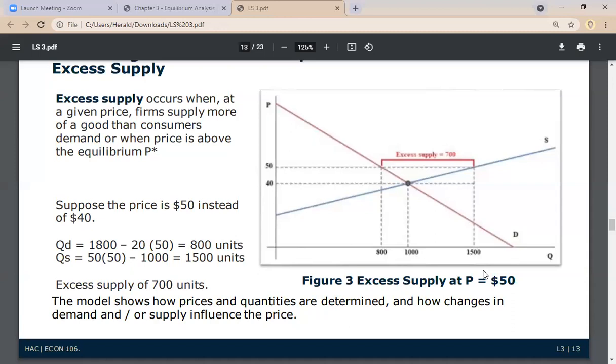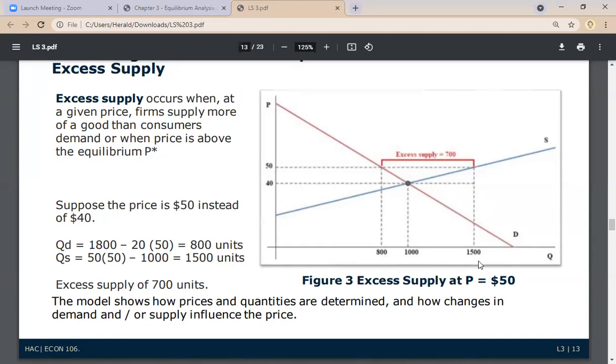On the side of the demanders and consumers, because the price is high, they're only willing to purchase around 800 units of good X. So in that case, there is a surplus of 700 units of good X.